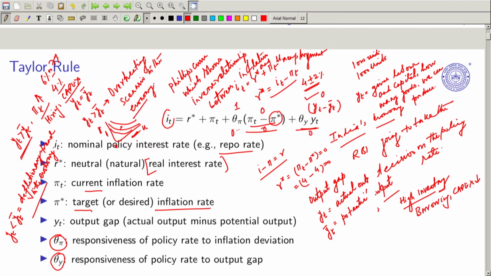Should it be 0.5? Should it be 0? What value do you assume? In most practical cases, we find that theta pi and theta y are considered as 0.5, which is the normal scenario most of the time, right? So let's move to the next.